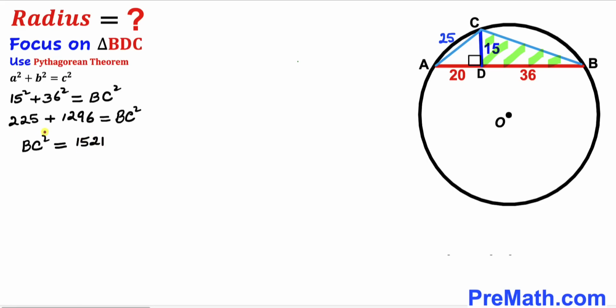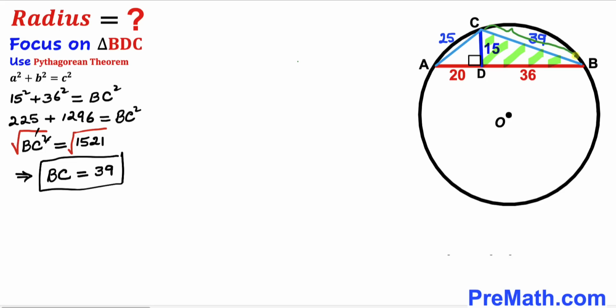Now I'm going to take the square root on both sides to undo this square. So our hypotenuse BC segment length turns out to be equal to 39 units. Thus this chord BC length turns out to be 39 units.